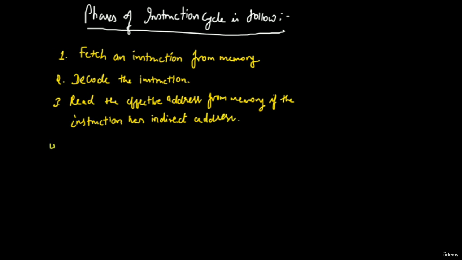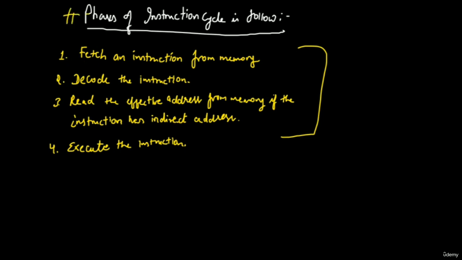Now the fourth point that we have here is execution. The most important thing is to execute the instruction that will finally lead us to our result. So these are the four fundamental things, and you can call them phases of the instruction cycle.